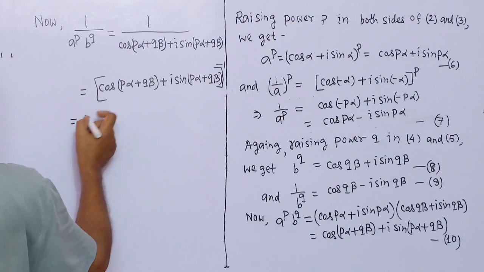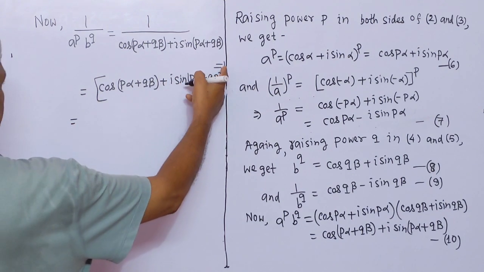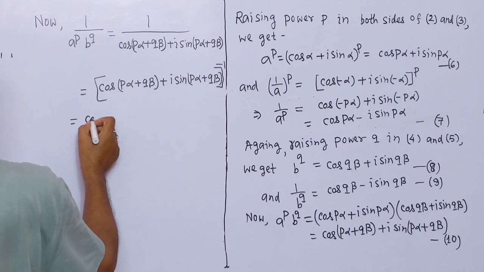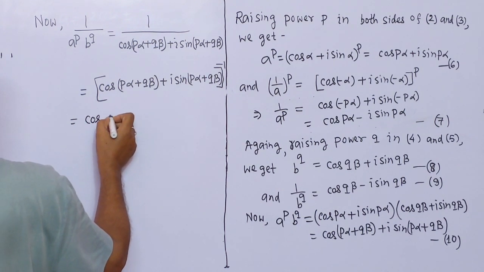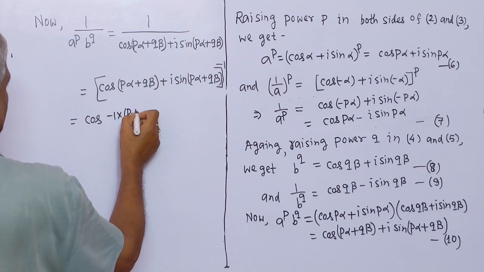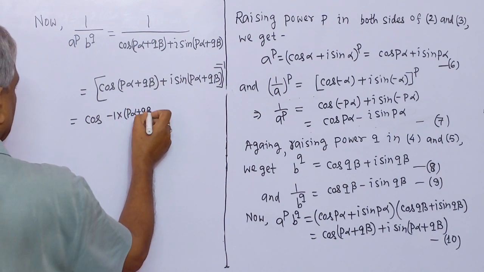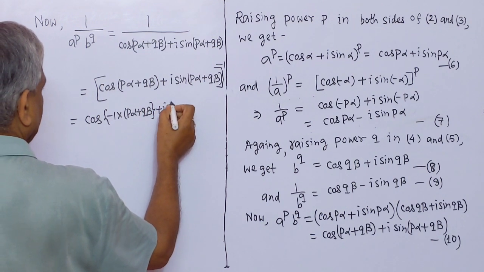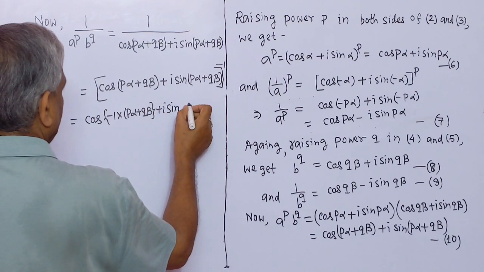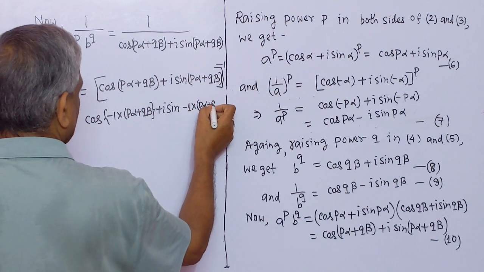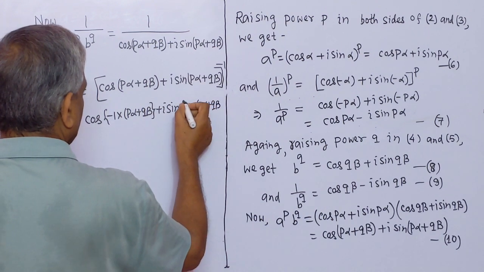By De Moivre's theorem, for negative power, we get cos of minus 1 times (p alpha plus q beta) plus i sin of minus 1 times (p alpha plus q beta).